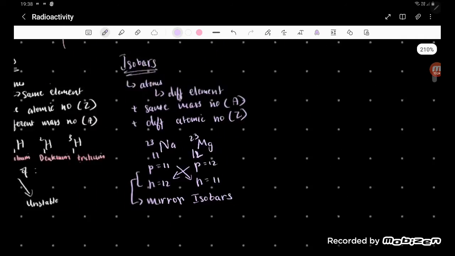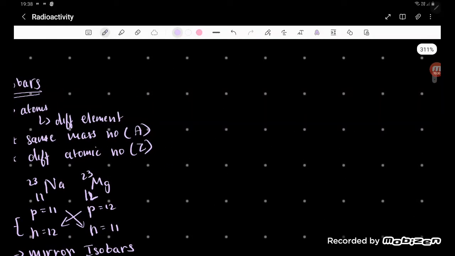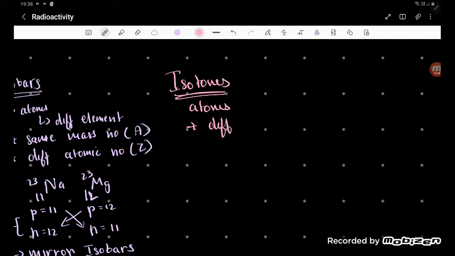Then the next topic is isotones. Atoms having different atomic number Z, which is protons, but the same number of neutrons.